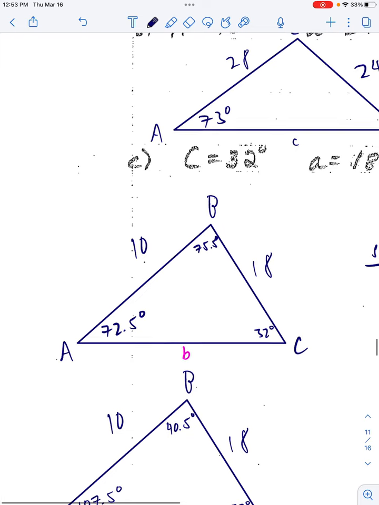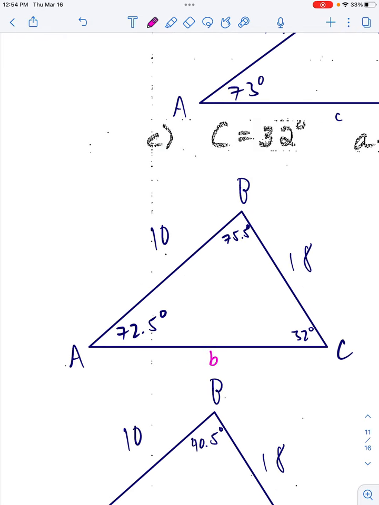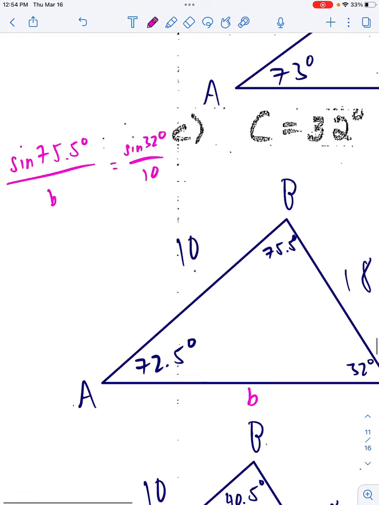So coming up here to this top triangle, I'll do this in pink. I have sine 75.5 degrees all over little b. It's going to equal sine 32 degrees over 10. So that's just from my law of sines.